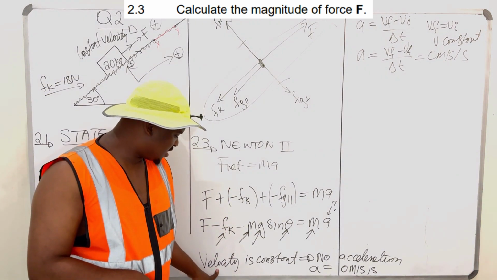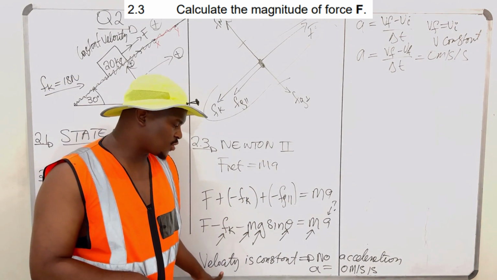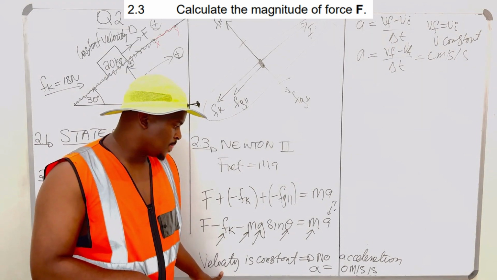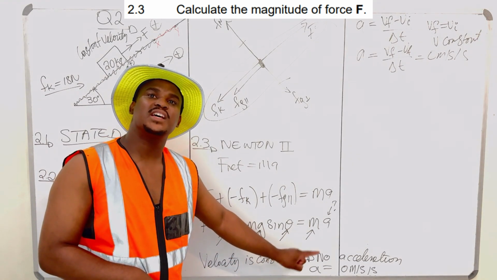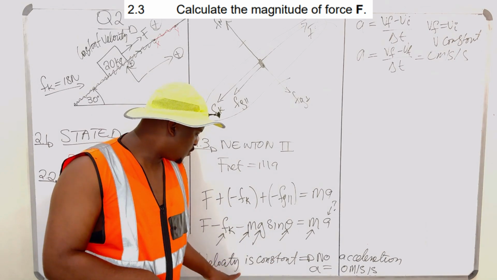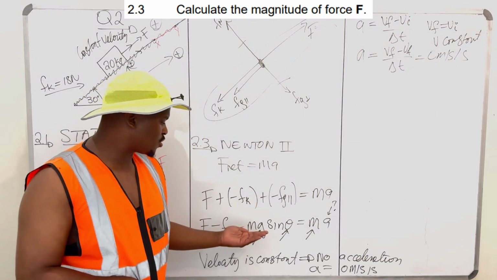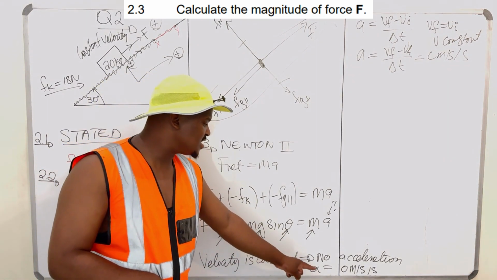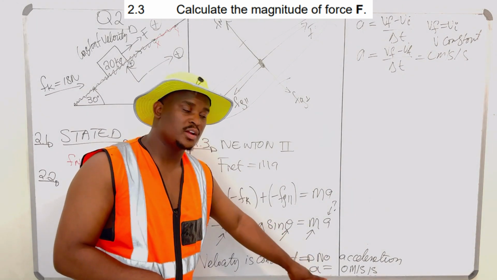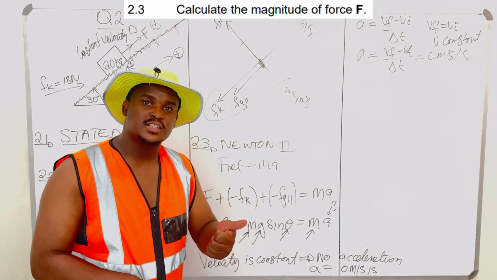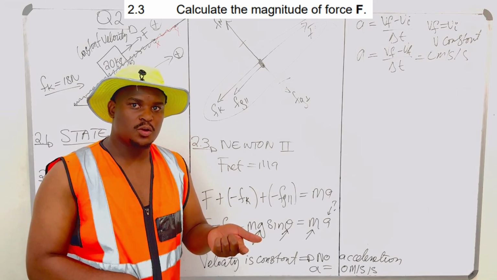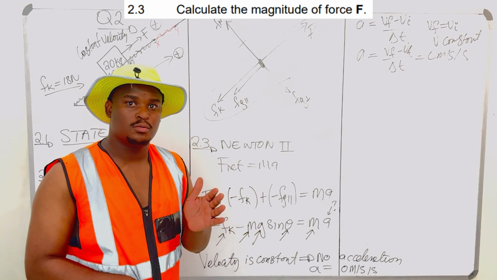When you're told that your velocity is constant, know that your acceleration is 0 meters per second squared, your net force is 0 newtons, and your net work is 0 joules. That's what you need to know.